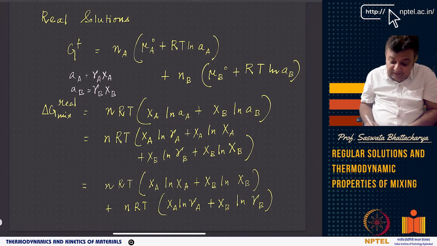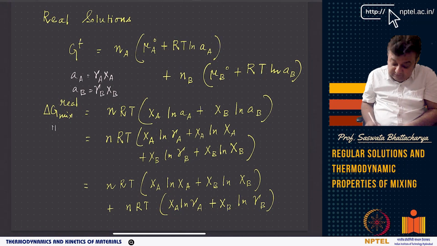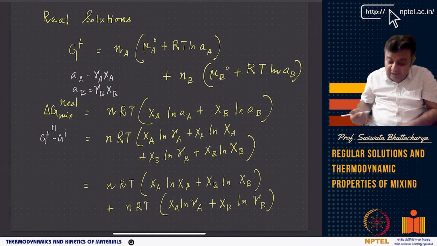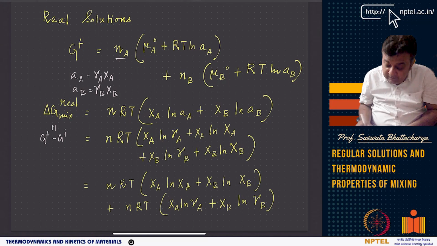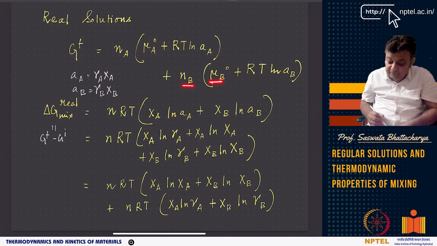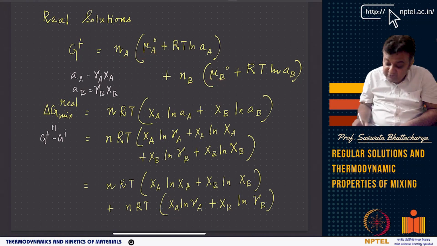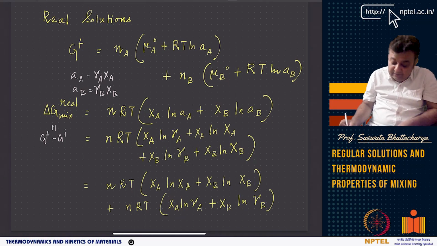Now if you look at it, delta G is nothing but again GF minus GI. GI is nothing but the terms involved: Na mu A naught and Nb mu B naught, okay, now all of these are gone. So you have Na RT ln aA plus Nb RT ln aB.